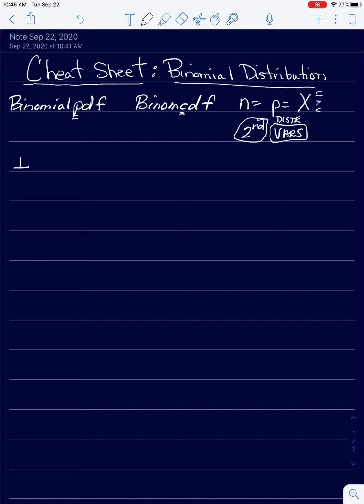All right, so in the first situation, let's say we see the word exactly. So find the probability that exactly something's going on. When you see exactly, it's going to be a binomPDF. Okay, and your keys are N, P, and X. You'll see an X with an equal sign. Exactly is an equal sign.